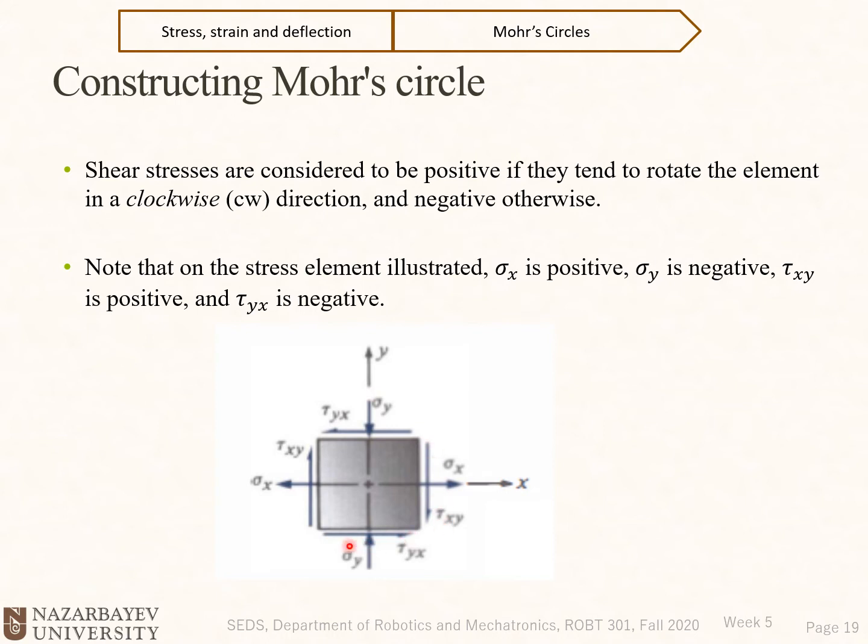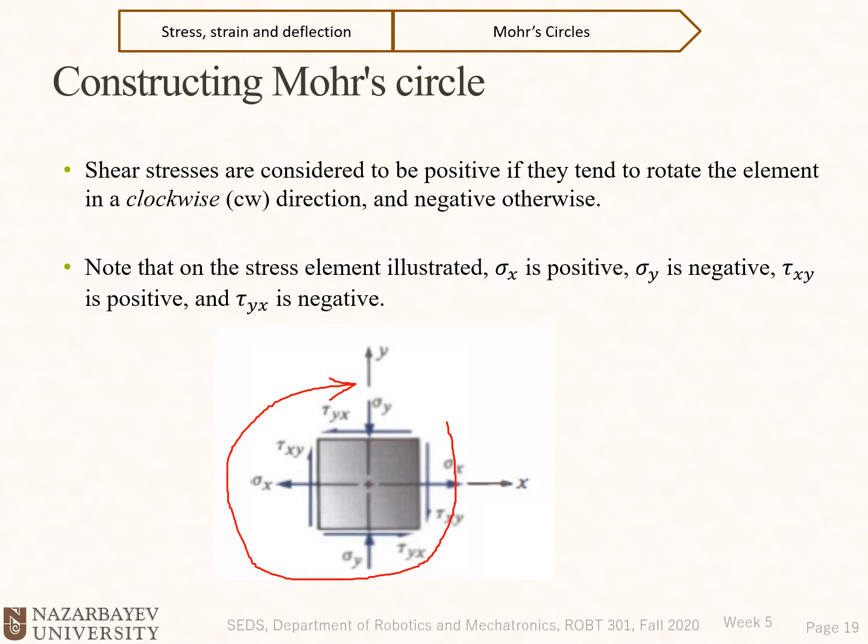But for the tau xy here, by definition of the stress tensor, tau xy and tau yx both are positive. But in Mohr circle, tau xy tends to rotate the element clockwise. So tau xy is positive. What do we mean by clockwise? This direction, yes. This direction is clockwise.